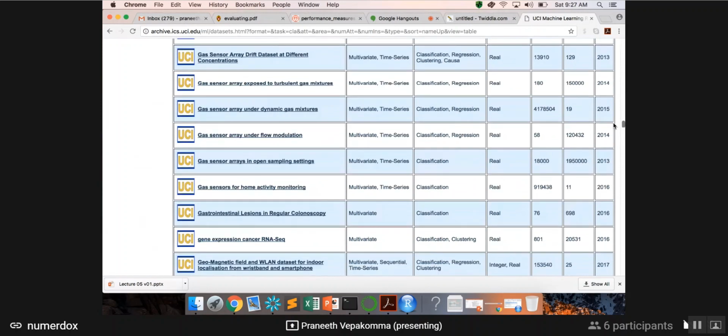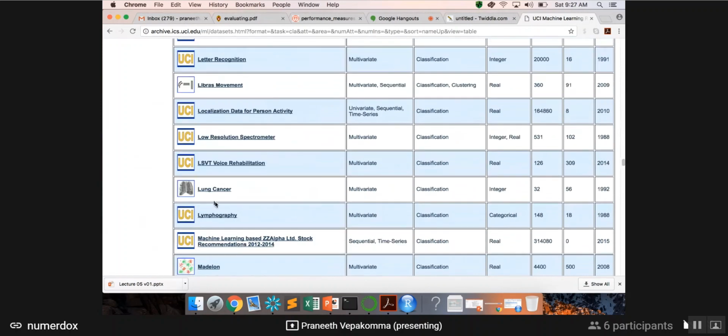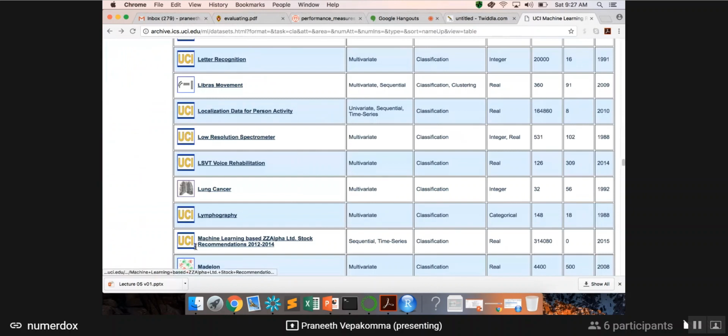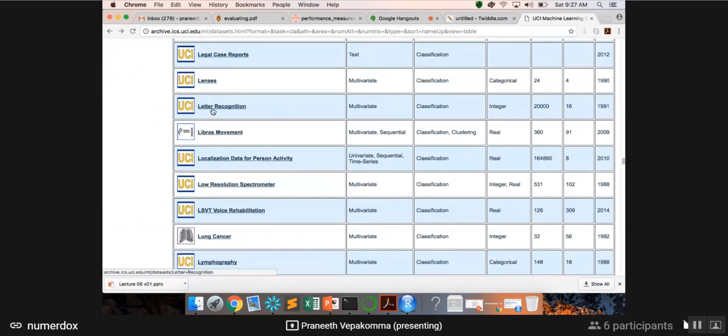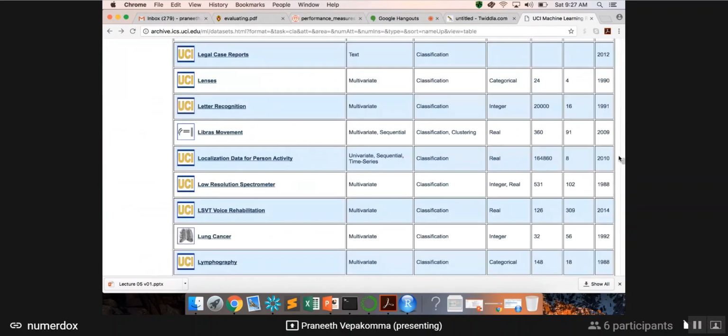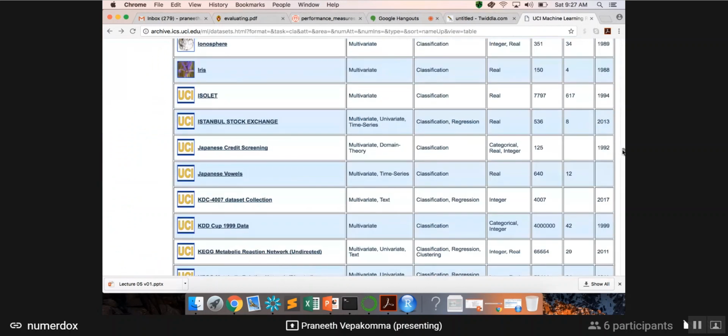Say there is a data set for lung cancer, right? You need to classify cancer, yes or no, by looking at whatever that medical data is. There is letter recognition: you want to look at images and say what letter it is. Is it A? Is it letter Z? The model should automatically say.